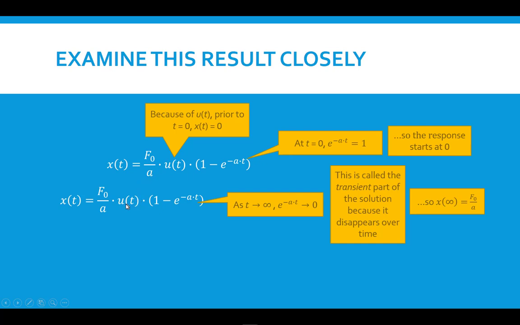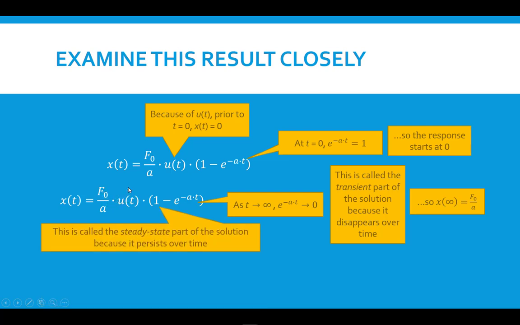And then the final value of x of t at t equals infinity is f sub 0 over a. And the part that remains of the solution, not the part that dies off, but the part that persists, is called the steady state part of this solution because it persists over time.